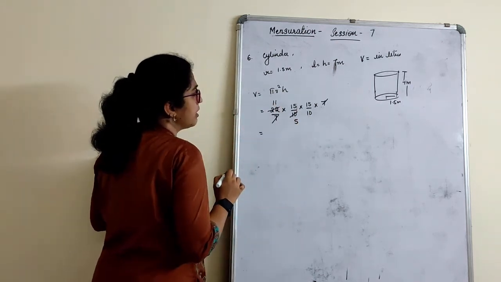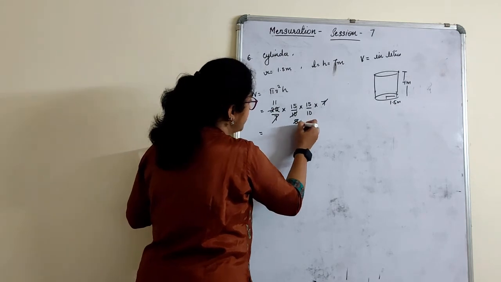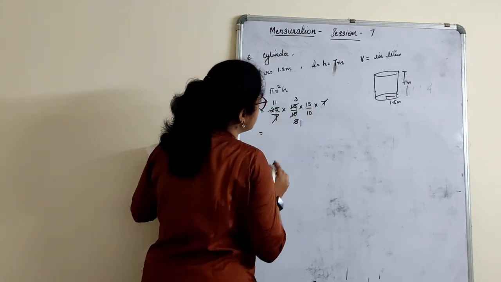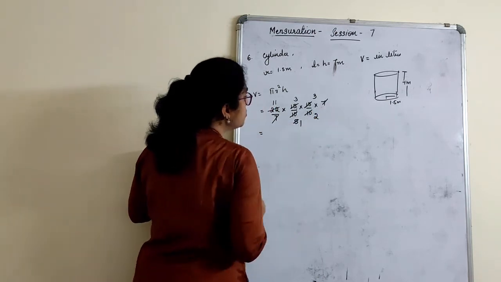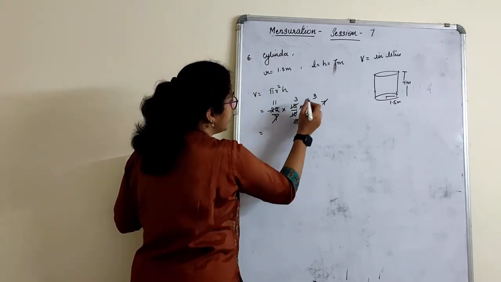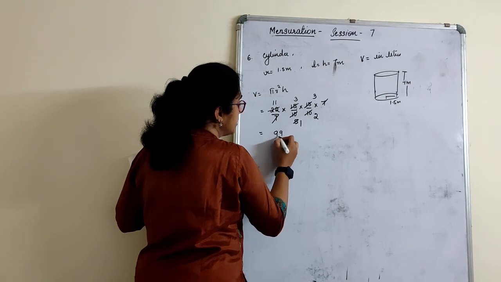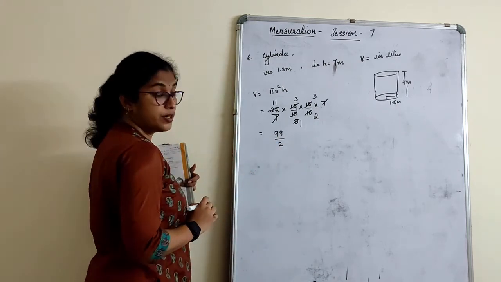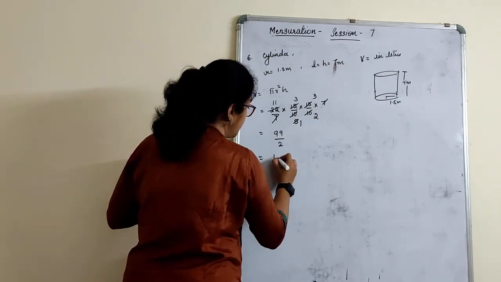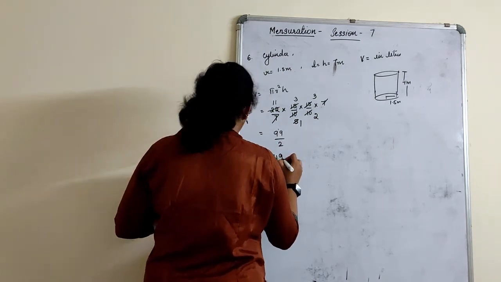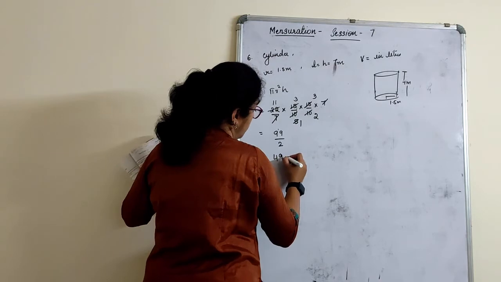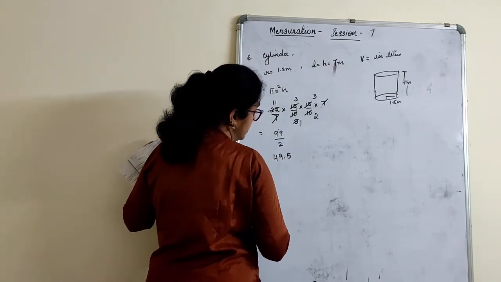That's all further calculations. 5 1s are 5, 5 3s are 15, 5 2s are 10. So 11 into 9 is 99 by 2. 2 4s are 8, 1 remainder. 2 9s are 18, 2 5s are 10.